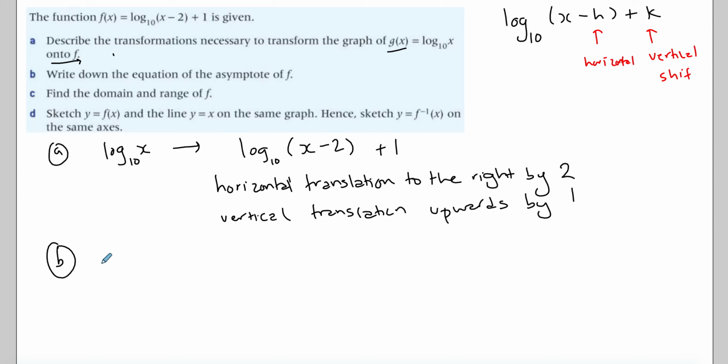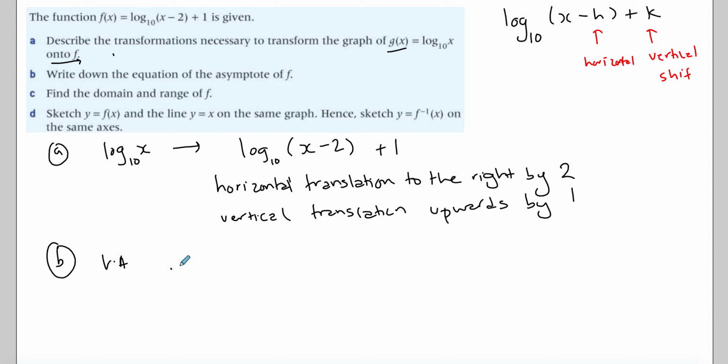And for logarithmic functions, you only have vertical asymptotes. So for the ones we're going to deal with now, you don't have a horizontal asymptote. The vertical asymptote comes from the inverse function.